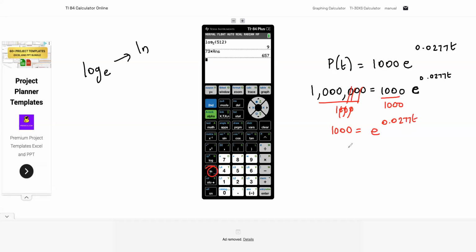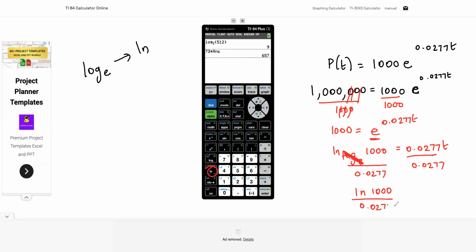Now I have to convert it to log, which is the biggest part. So I will write log 1000 base e will be equal to 0.0277t. Now divide by 0.0277. Log base e, I can change and say ln 1000, natural log, will be equal to t.